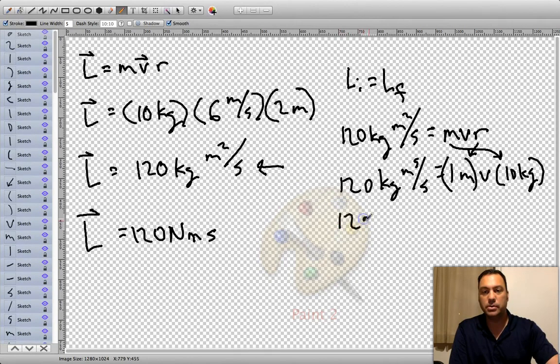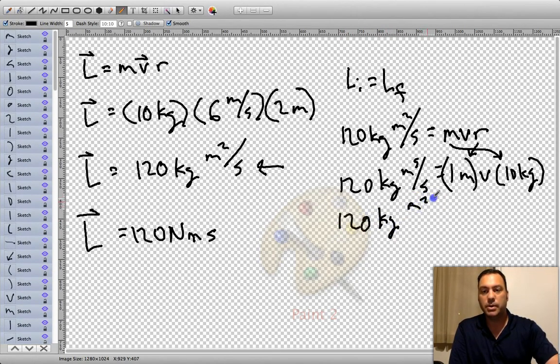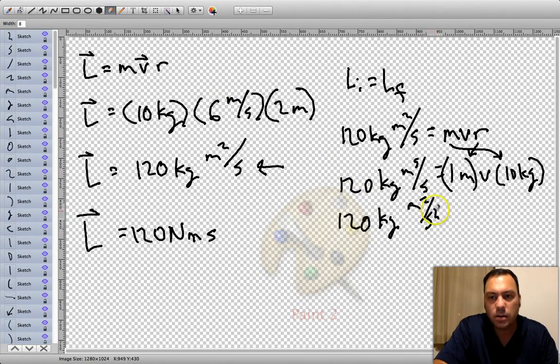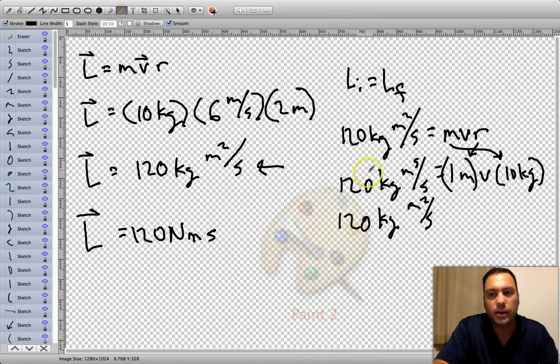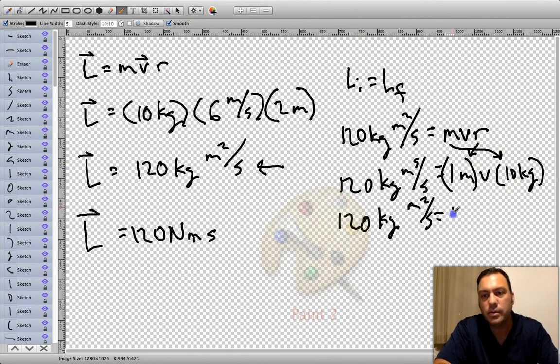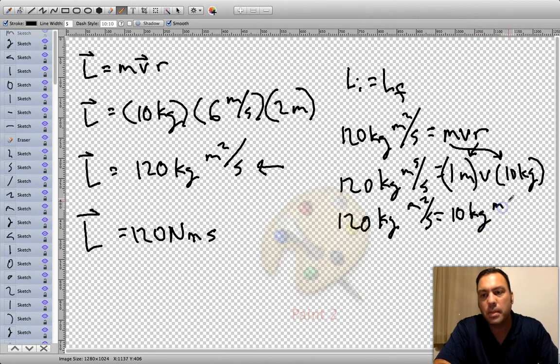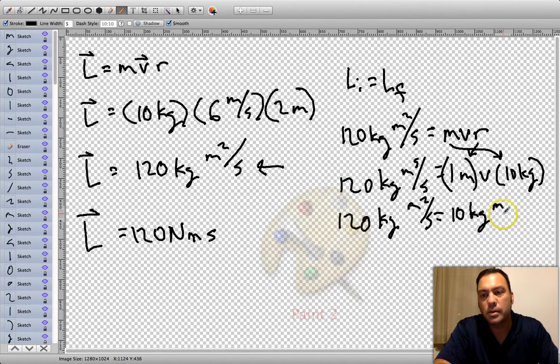All right, so it's kind of cool. Kilograms, meters squared, seconds. It's going to equal 10 kilograms, 1 meter, and some velocity, v.